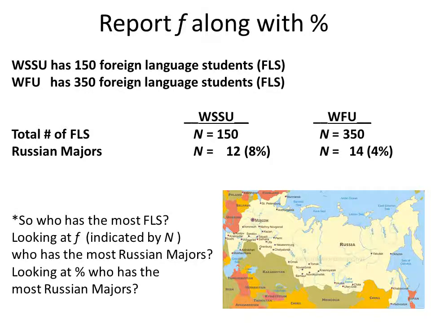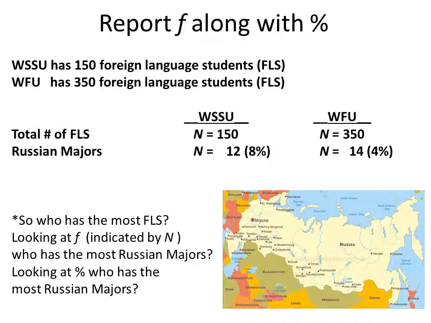Now let's also say that WSSU has 150 foreign language students and Wake Forest has 350 foreign language students. We look at the total number of foreign language students, and then we look at the percentage of Russian majors as well as the frequency of Russian majors.